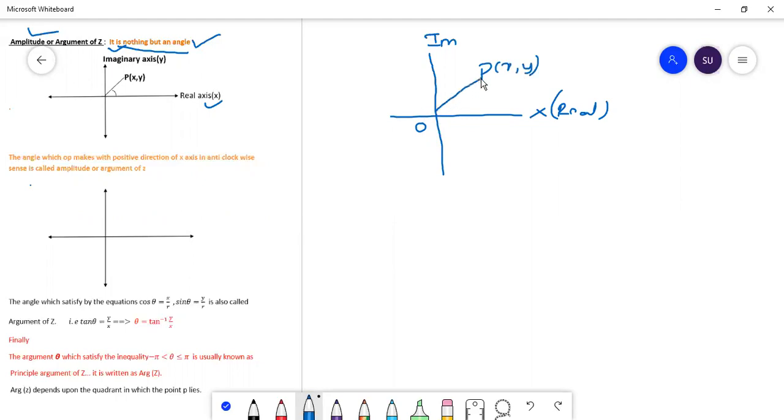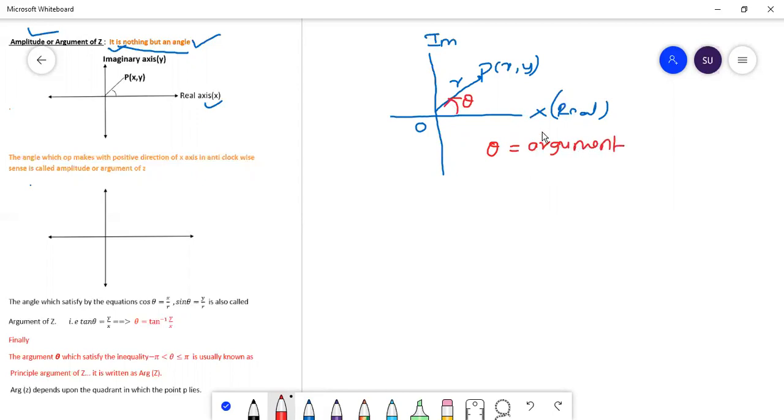We already discussed that the distance from origin to P is mod z, which is also denoted by the letter r. Then this OP is making some angle theta in the positive direction with the x-axis, that is the real axis. The theta is called the argument, or amplitude.